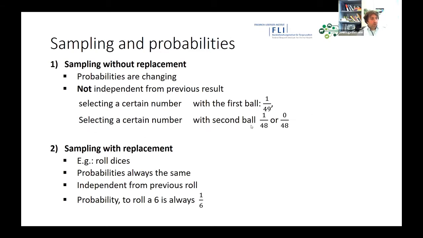For the second ball it is 1 of 48, or if there's only one positive in these 49 and it was already drawn, then it's 0 of 48, and so on. In contrast, with sampling with replacement, the probability to roll a 6 is always 1 divided by 6.